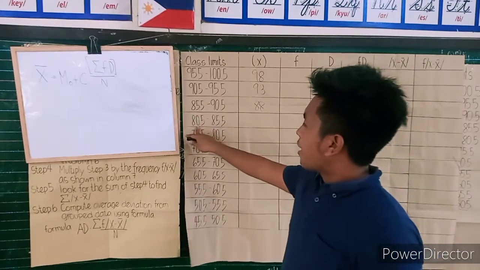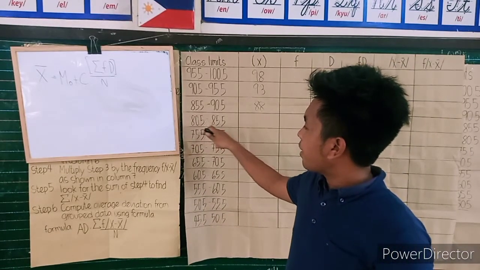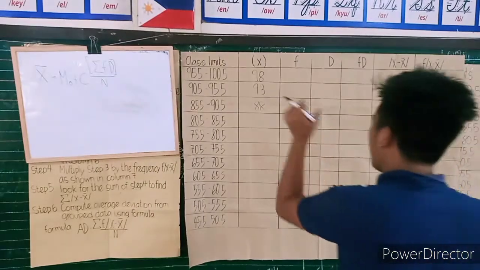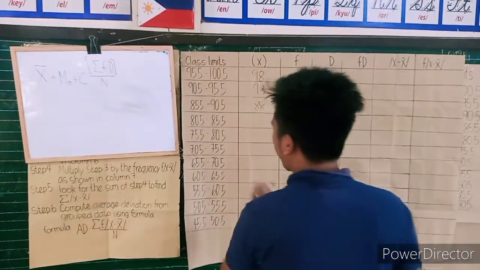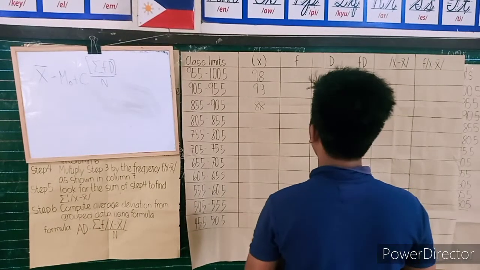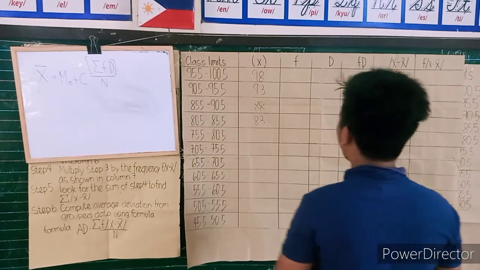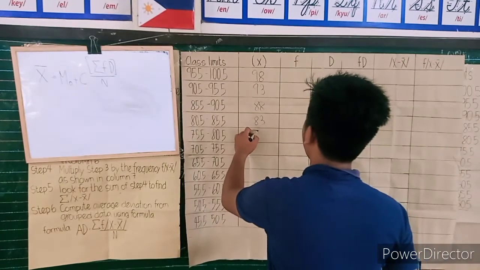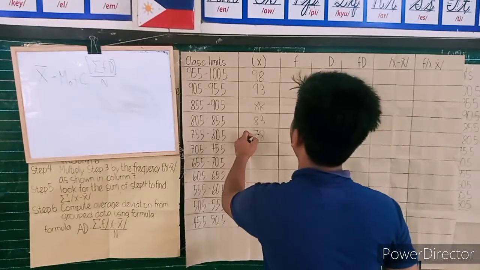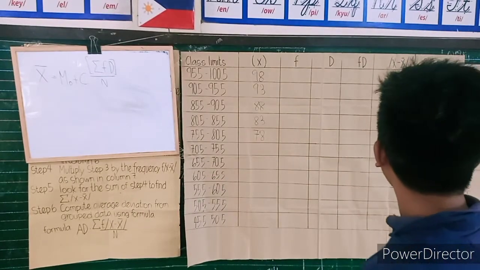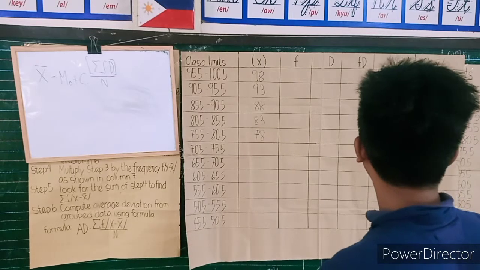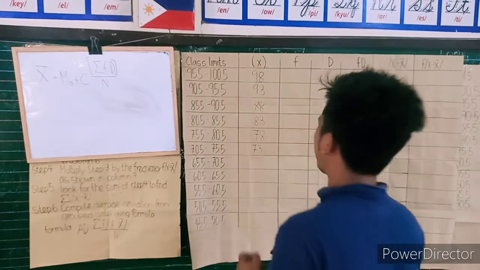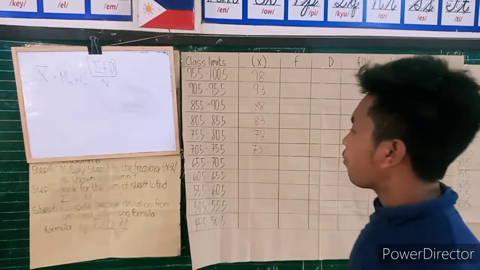Remember, I add 80.5 and 85.5 and divide by 2 to get the midpoint of this table. 80.5 plus 85.5, we have 83. 75.5 plus 80.5 divided by 2, we have 78. 70.5 plus 75.5 divided by 2 equals 73.